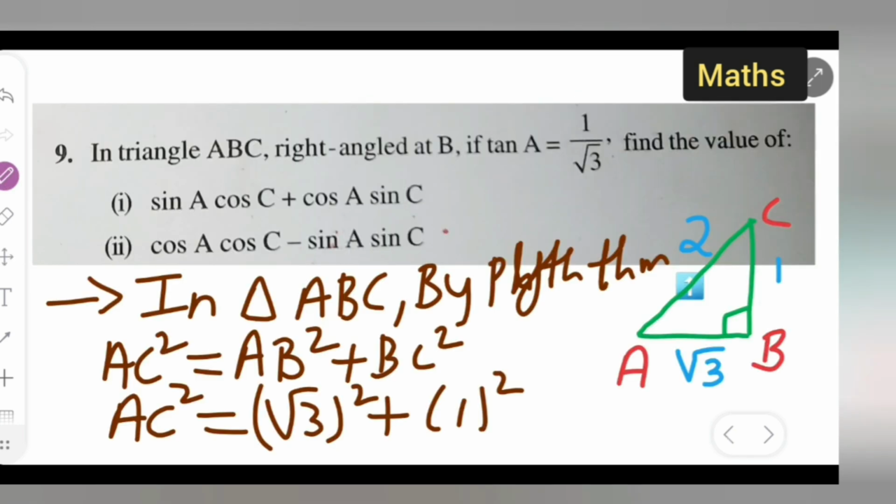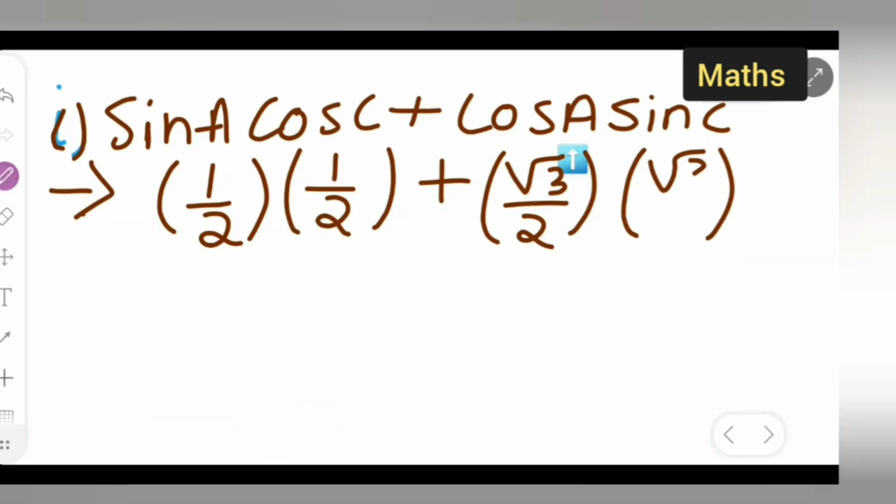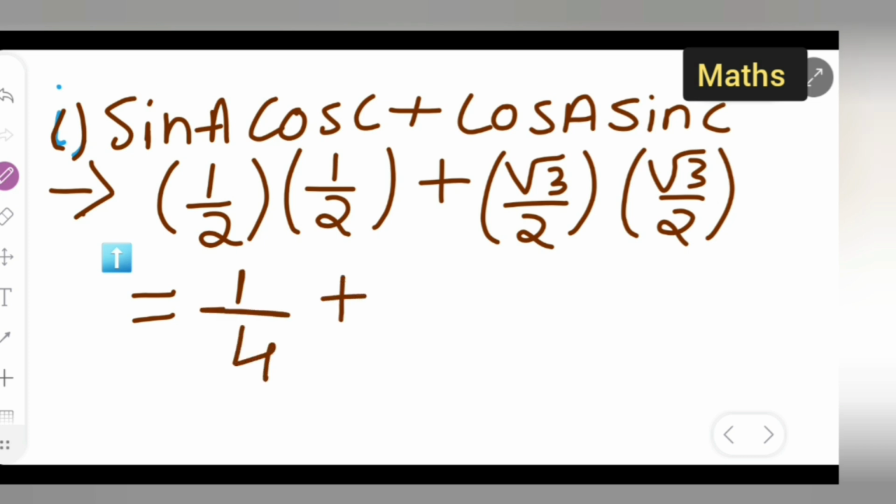Again, sin C we have. Sin C is what? Opposite will be root 3 upon 2. Now you will have to multiply. You will get 1 upon 4, plus root 3 square upon 4.